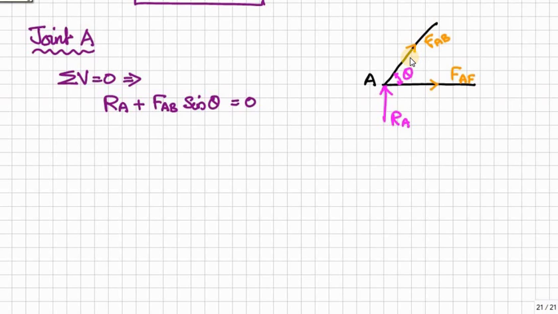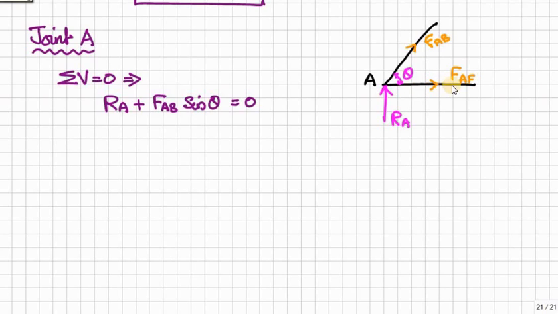But the inclined force will have horizontal and vertical components. Therefore, here we already know the vertical reaction. So if you first use sigma V is equal to 0, you will get the vertical component, and indirectly the inclined force FAB. Once you know FAB, you can calculate FAF using sigma H is equal to 0.